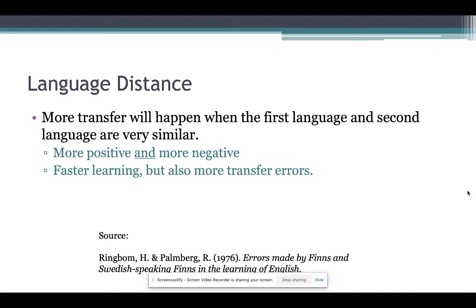To illustrate this, we can compare a German speaker learning English with a Korean speaker learning English. A German speaker will learn English very quickly because he can apply much of what he uses for German to learn English. But he might have more L1 transfer errors because he's using German phonemes, morphemes, syntax, pragmatics, etc. to form his utterances in English.